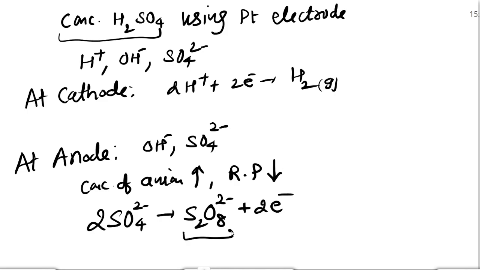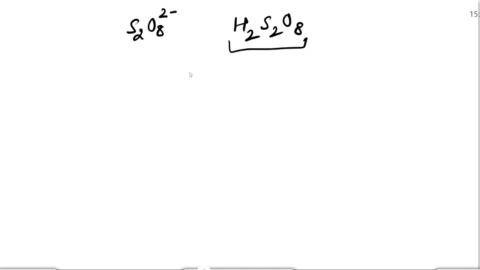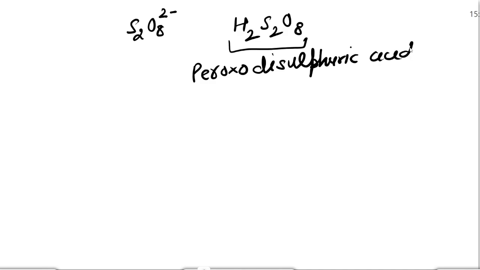What is the name of this ion? H2S2O8. Yes, it is peroxodisulfuric acid. And what is the oxidation state of sulfur here? +6. Very good.